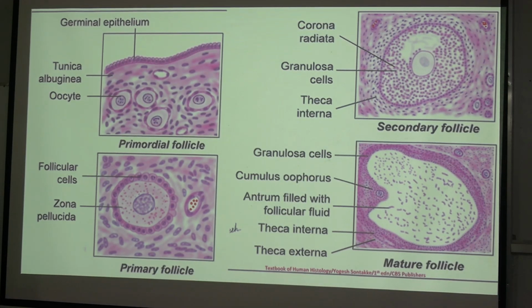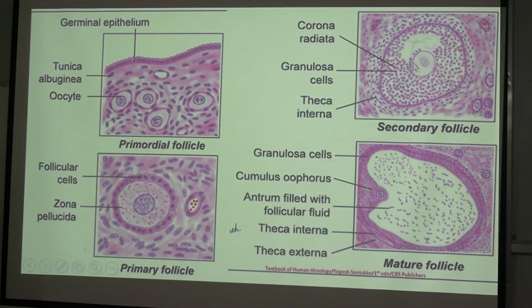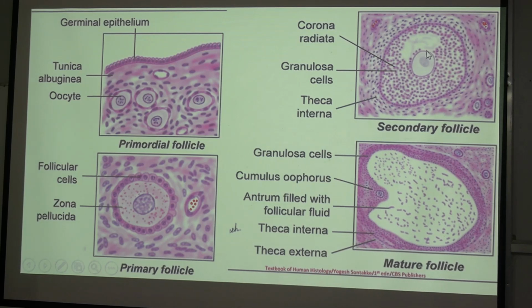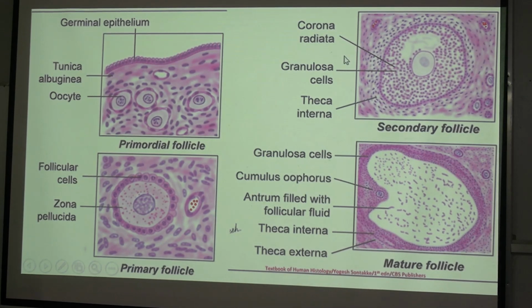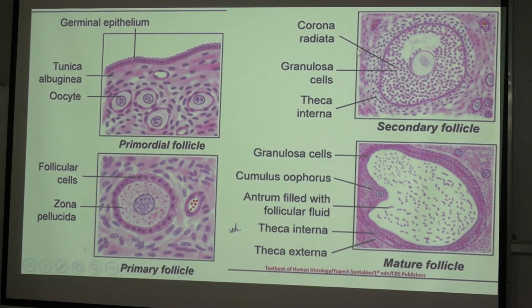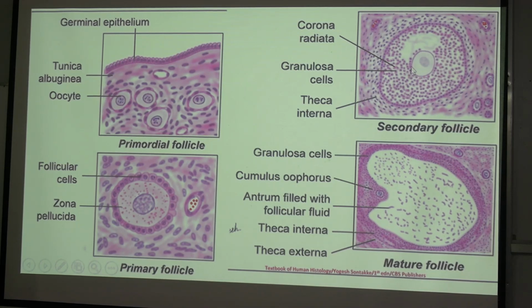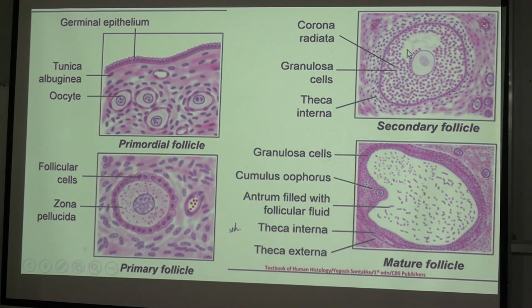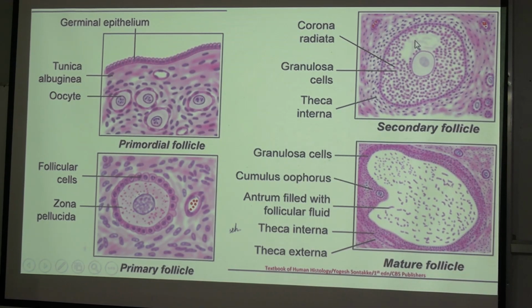Now around this developing oocyte, we have a cell layer existing as a radiating arrangement of follicular cells. We call this the corona radiata, and this layer is covered by the glycoprotein coat we call the zona pellucida, which is very much present. And after this, we get a cavity which develops within the follicular cell layer.